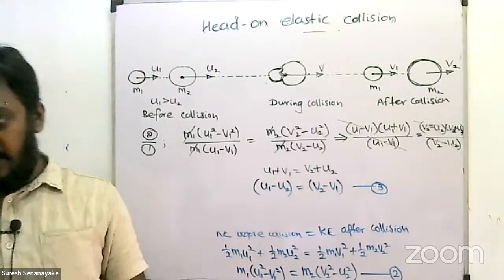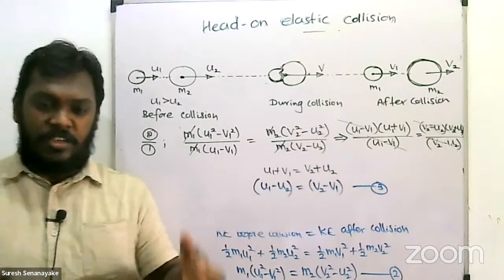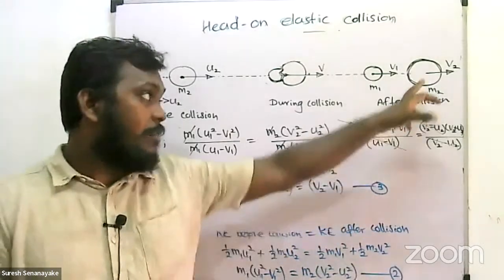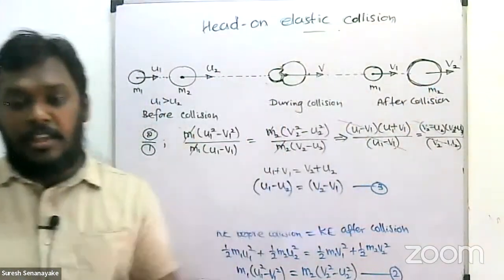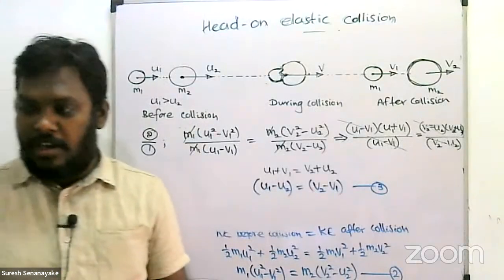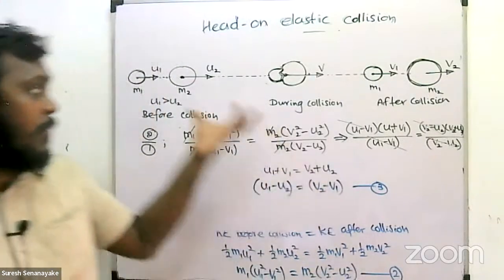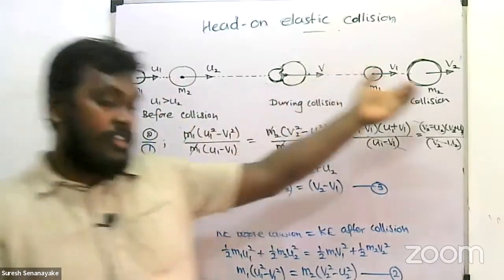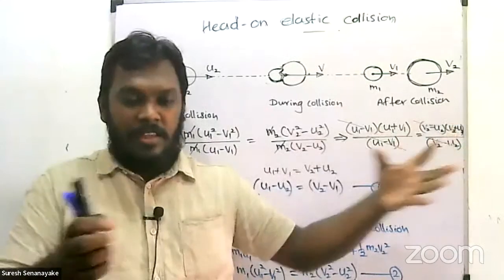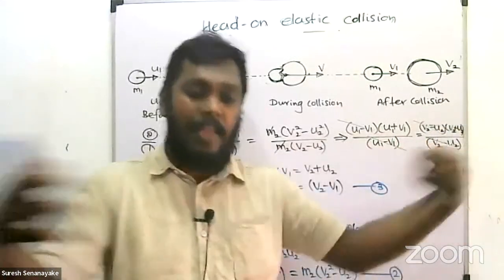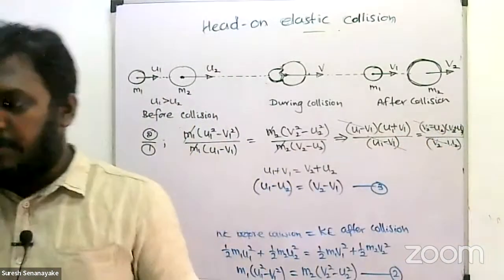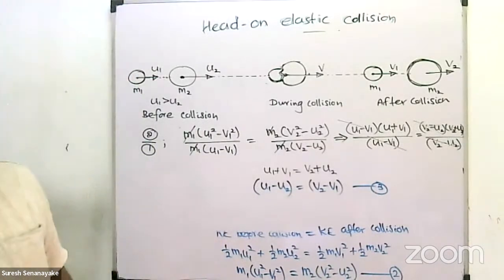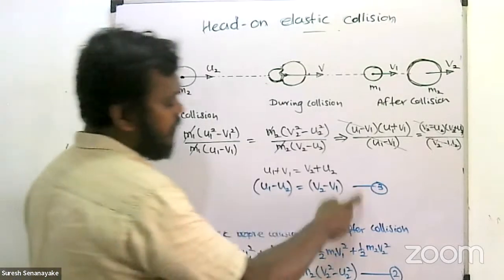We call it the relative velocity of approach, and this is the velocity of the second body with respect to the first body, the relative velocity of separation, because before the collision they approach each other and then collide. After the collision they separate from each other, because if not, then they would collide again. This cannot happen, right? So it's an important relation, this third one, right?